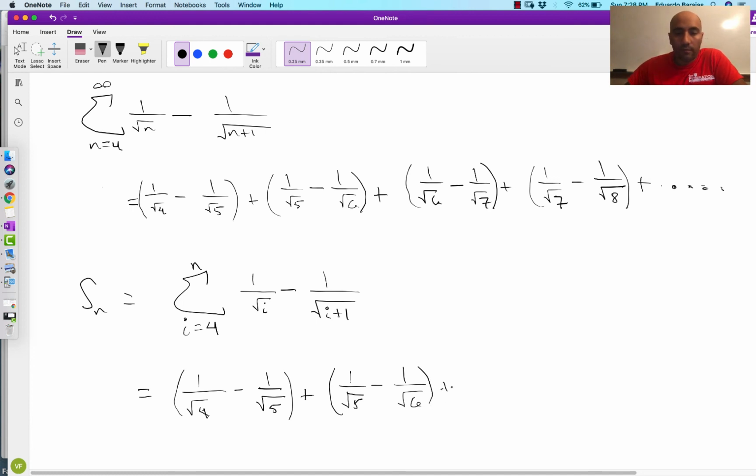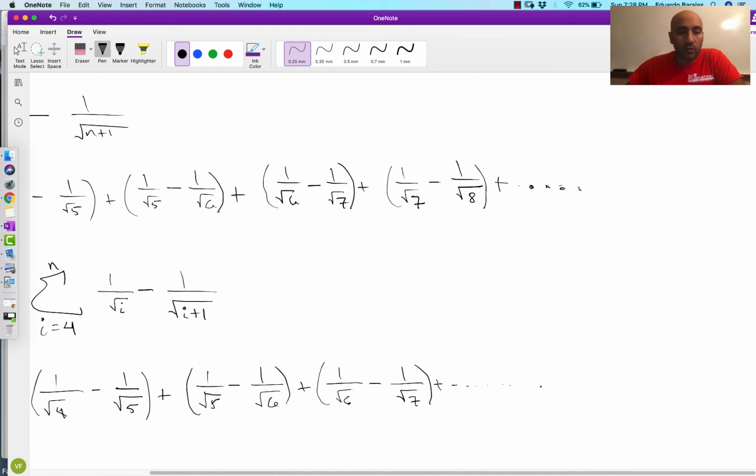And then plus, I'll do one last one, 1 over root 6 minus 1 over root 7, plus dot, dot, dot.